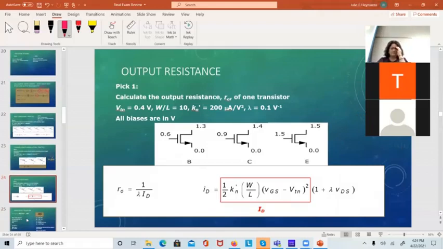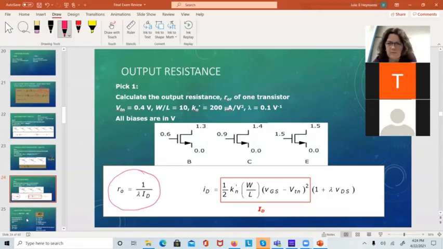Output resistance. Now we learned when we did our amplifiers that output resistance is really important because it's in the basic model of the amplifier. It will determine whether that amplifier will work when it's hooked up to another amplifier that we will figure out later. So calculating RO, it ends up in the basic model of the transistor.